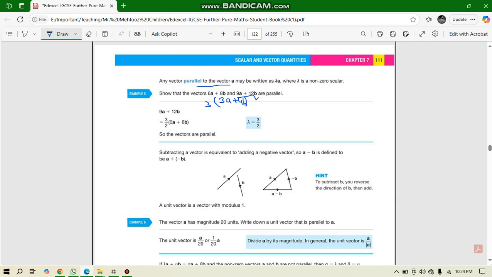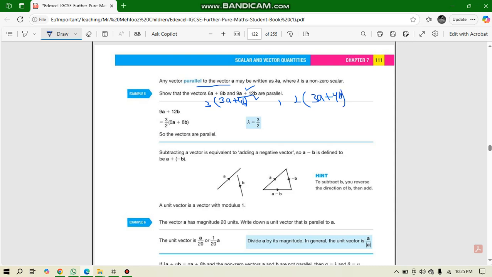This one. And also if we take 2 common from the first vector, it will also become 2 times 3a plus 4b, right?